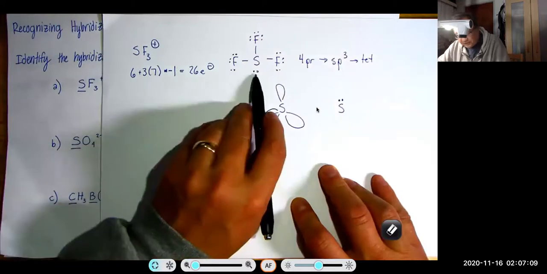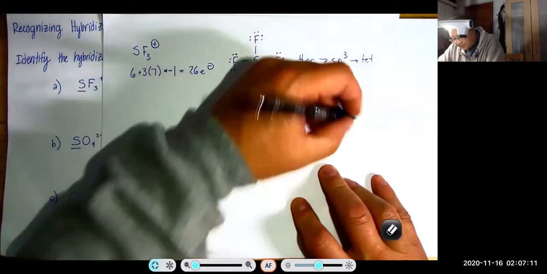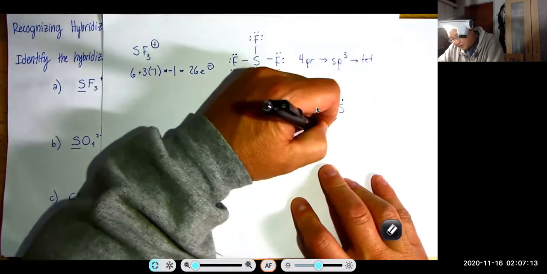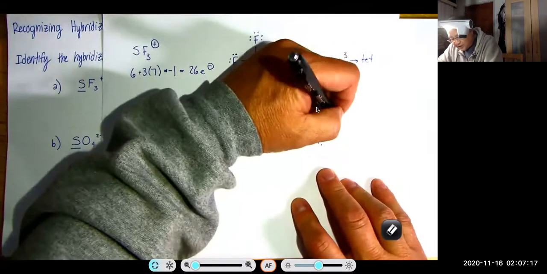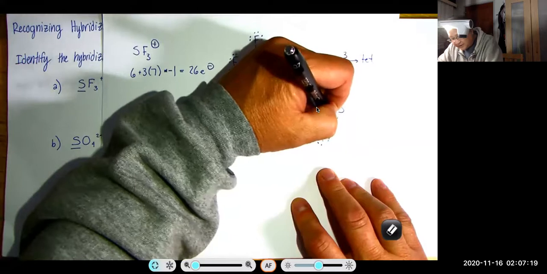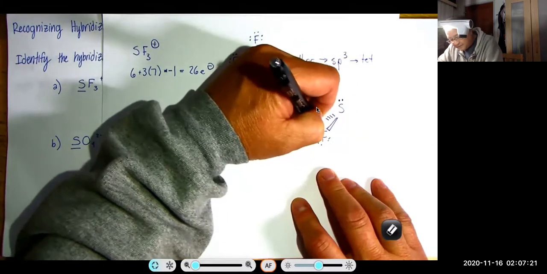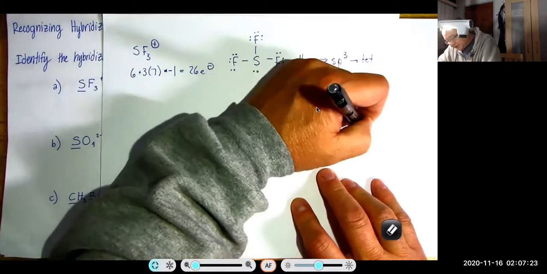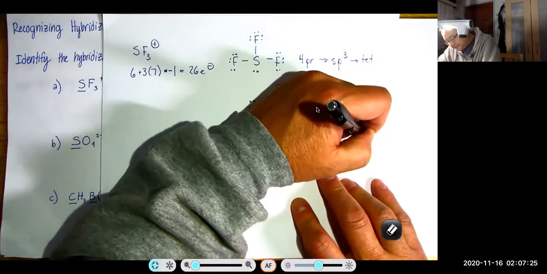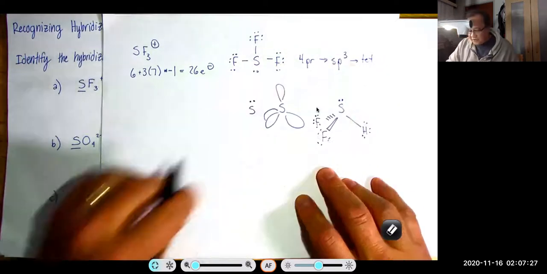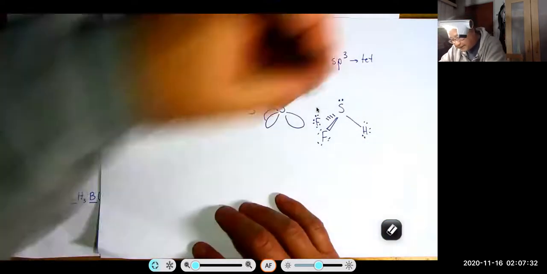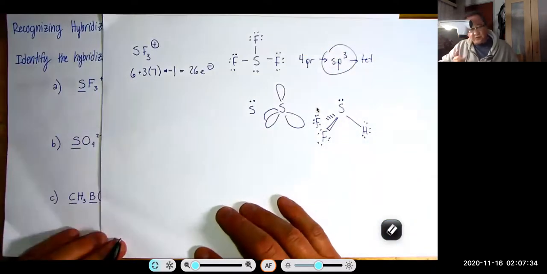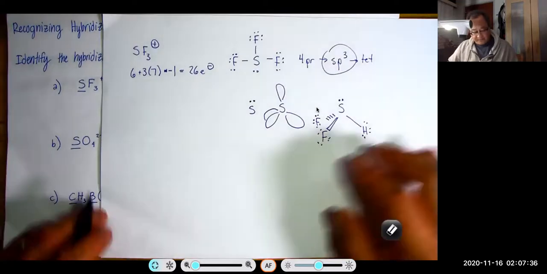That's those 2 here. For this one, I'm going to put a fluorine plus the lone pairs around the fluorine. And this is the wedge. And here, this is the dash. And this is a straight line. So they didn't ask for all of this, but I went ahead and gave it to you. So the idea here is that it's sp3 hybridized. Why? Because of 4 pair.